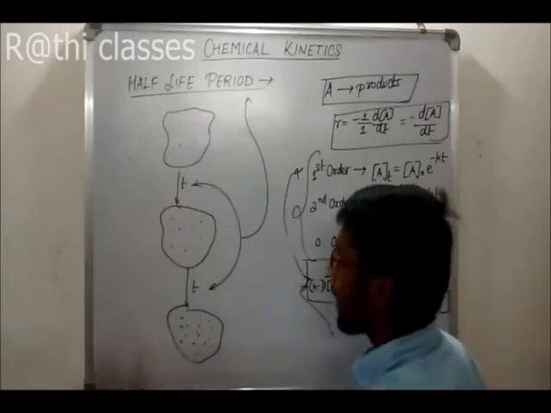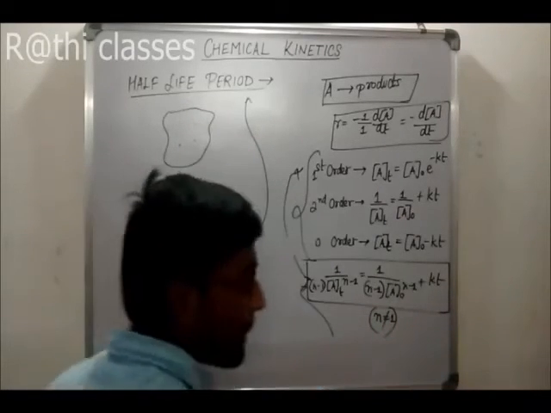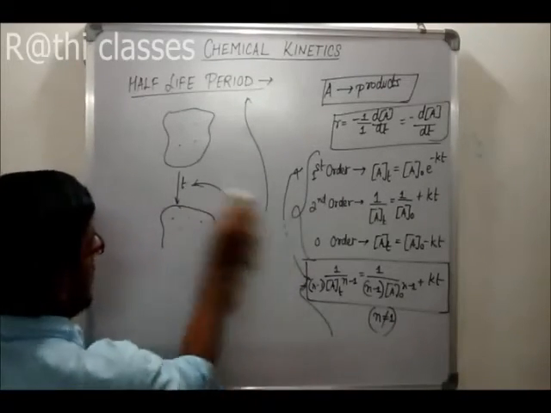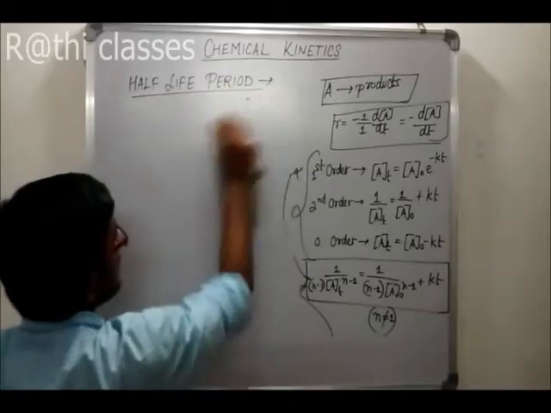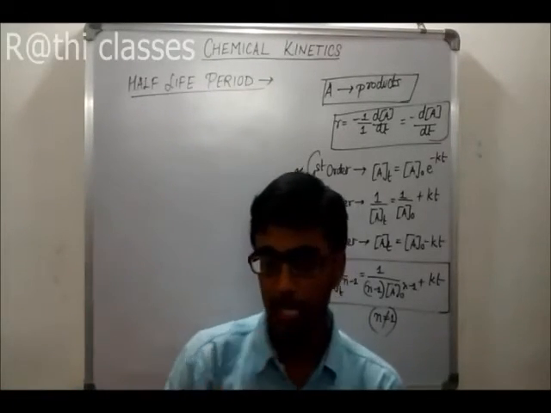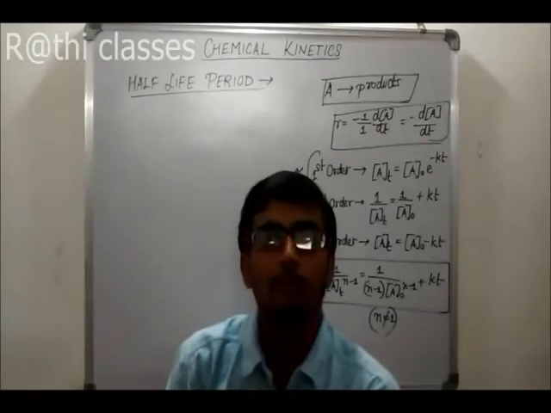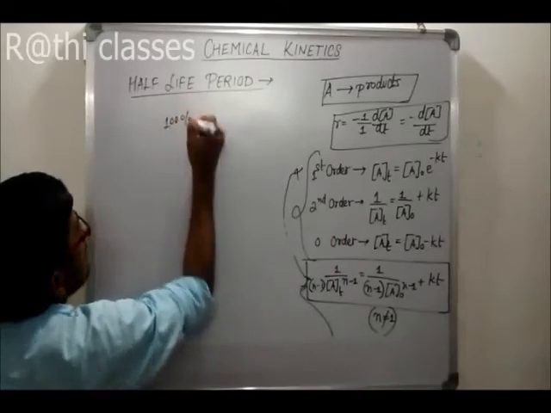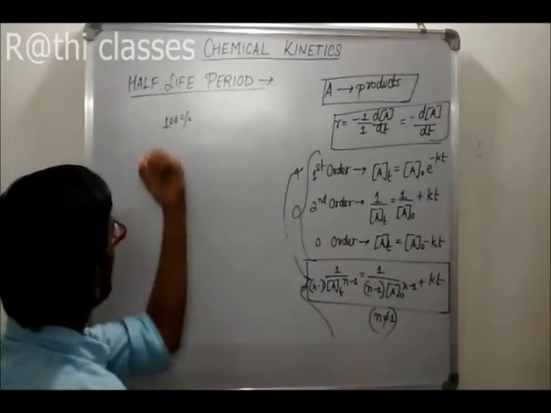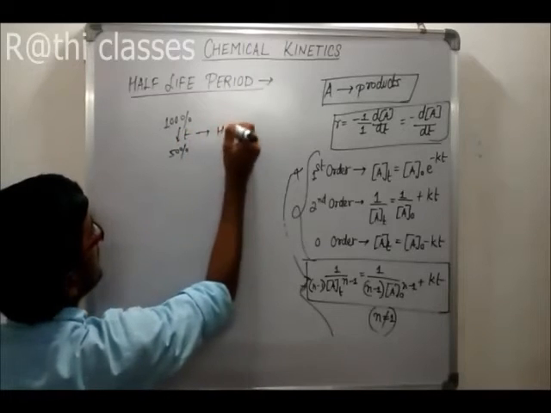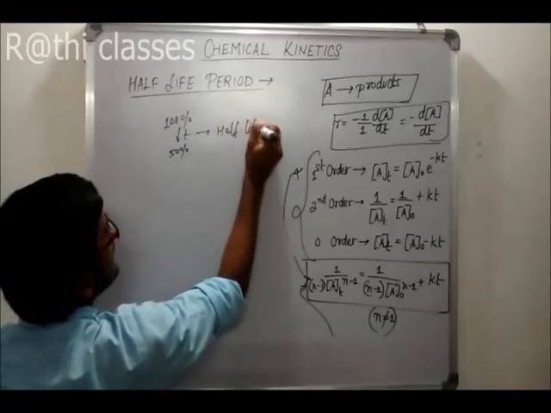half-life period, right? Making it simpler, if I define half-life period, I will say that half-life period is the time taken to reduce a substance to its half, right? If a substance is of 100% content, then the time taken to become 50% will be a half-life period, right?